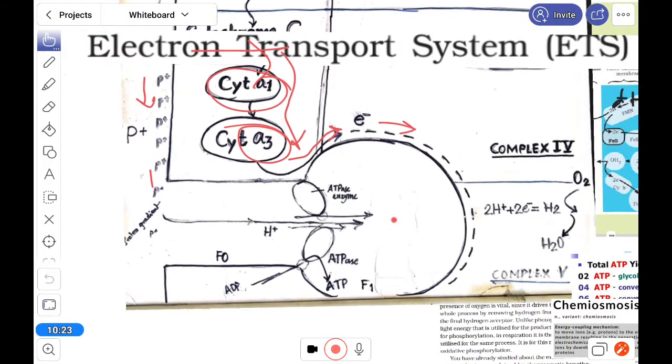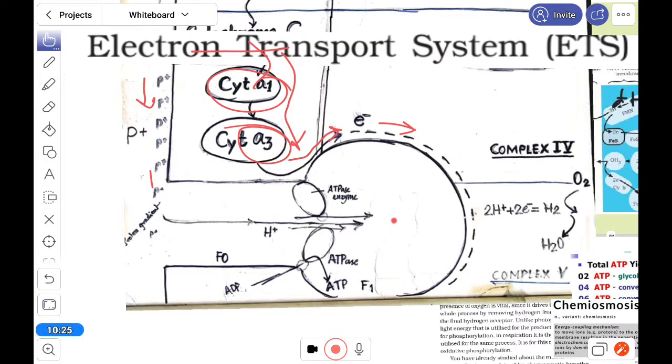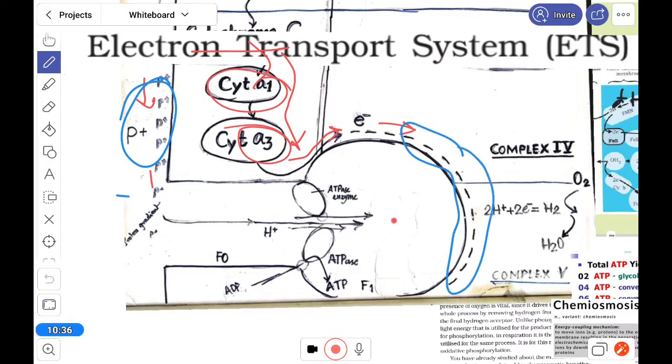So now you can see all the protons on one side, and the electrons on the other side. This situation you have also seen in the chloroplast when energy is formed. Here also it is called chemiosmosis.